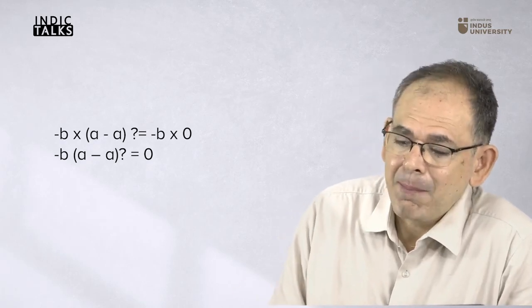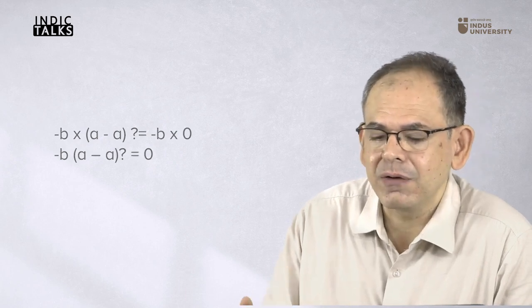Now, we know that minus a into b is equal to minus ab. So, multiplying minus a, which is additive inverse of a, by minus b should give us additive inverse of minus ab, that is plus ab. Why we need this? We need it to balance the equation and obey the distributive rule of multiplication.